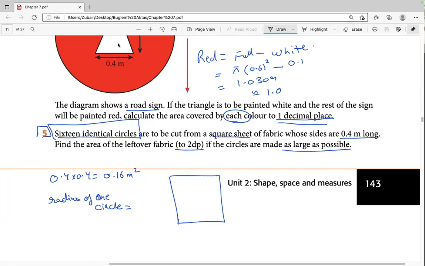One, no. What is your thinking process? How are you fitting these 16 circles in this square space?